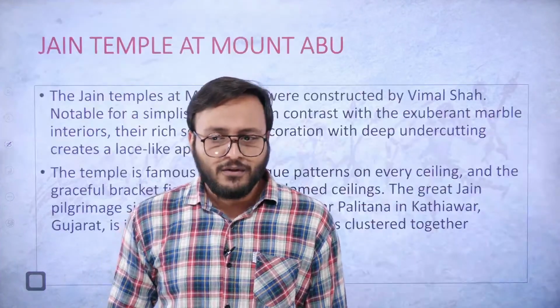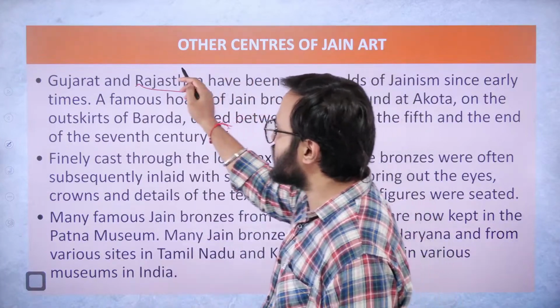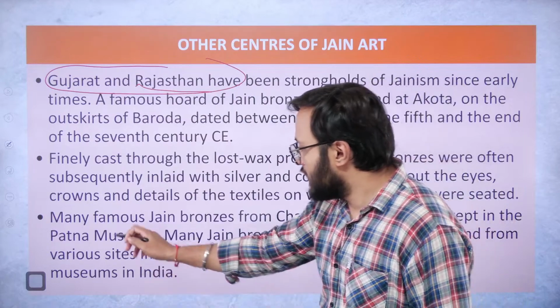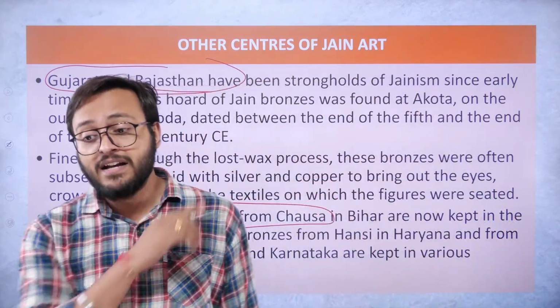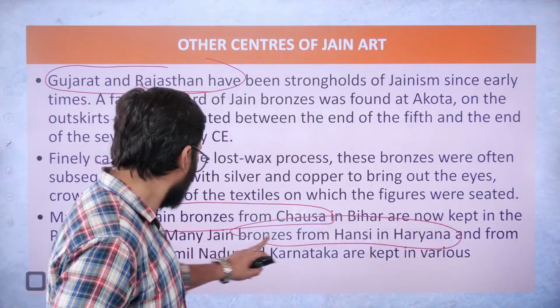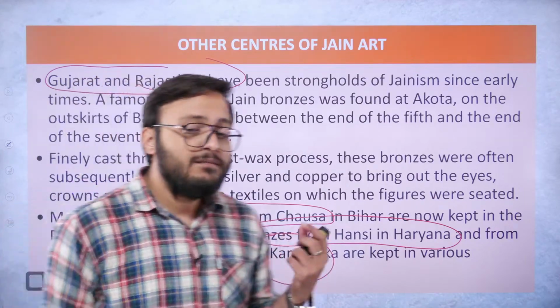This temple at Mount Abu is a continuation of the tradition of the Jain temples in Gujarat and Rajasthan, and also of the Jain bronze sculptures particularly obtained from Bihar, Chausa, Hansi in Haryana, Tamil Nadu, as well as Karnataka.